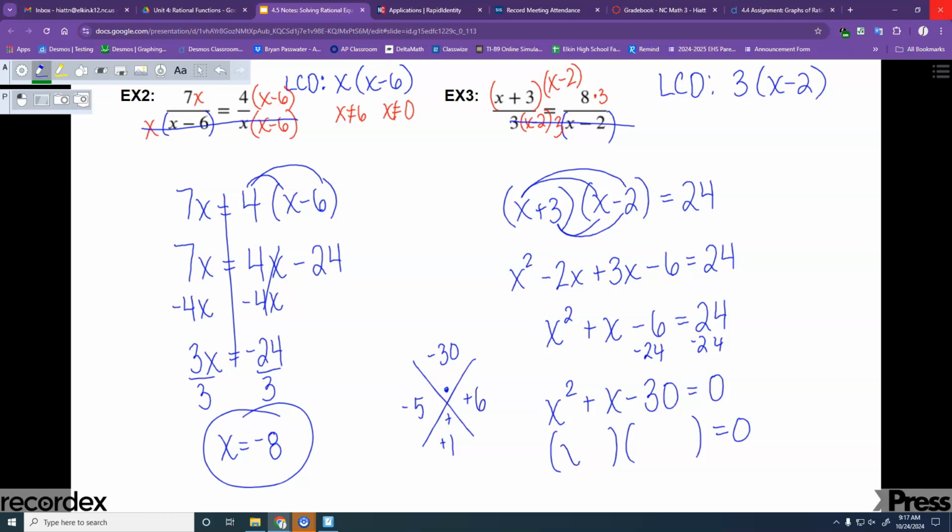All right, so we'll have x minus 5, x plus 6. And so this is equal to 0. You're looking for the numbers that make that 0. You could do the work for it, but it's just going to be x equals positive 5 and x equals negative 6 for that.